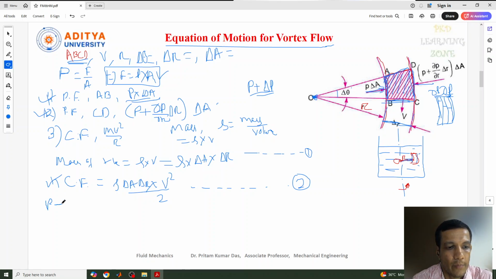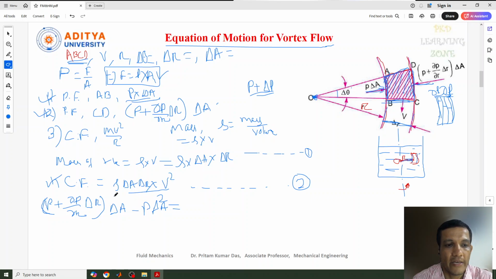Let's write the second equation: P plus del P by del R into delta R, into delta A. This is the direction of this one. Now this is in the opposite direction to this one, so minus P delta A.